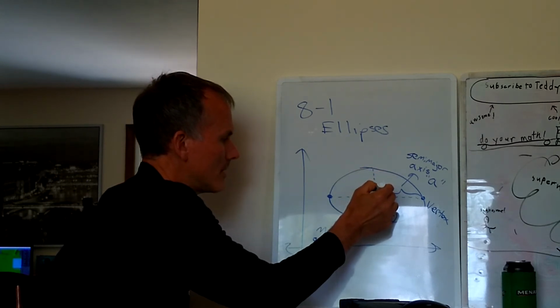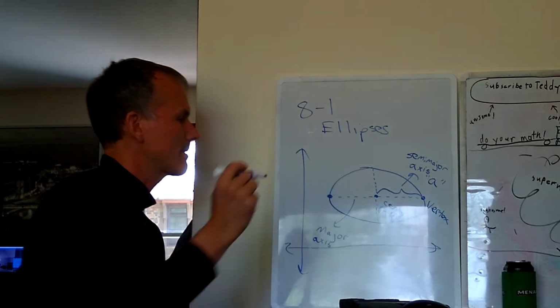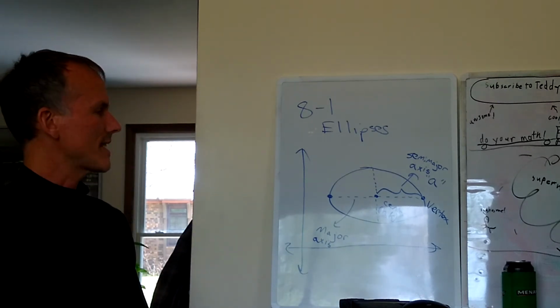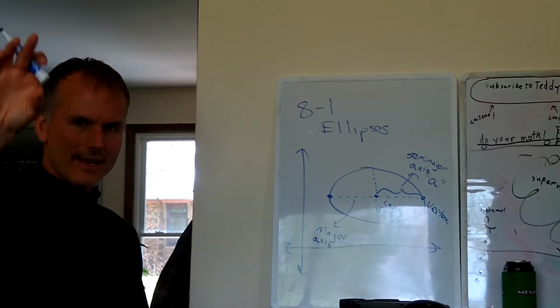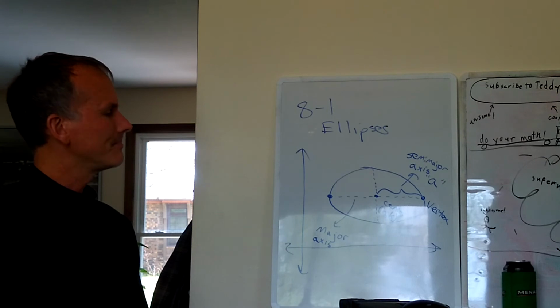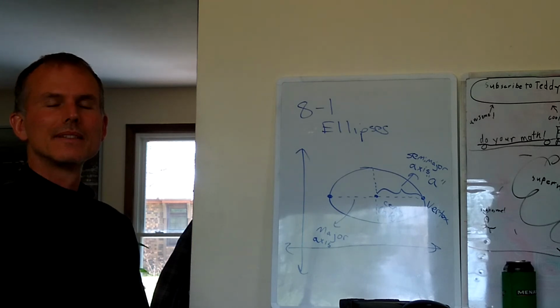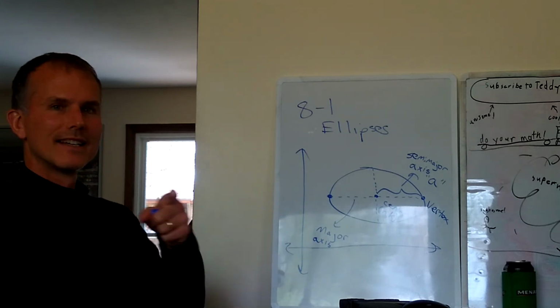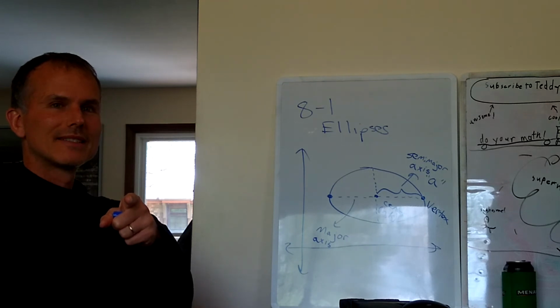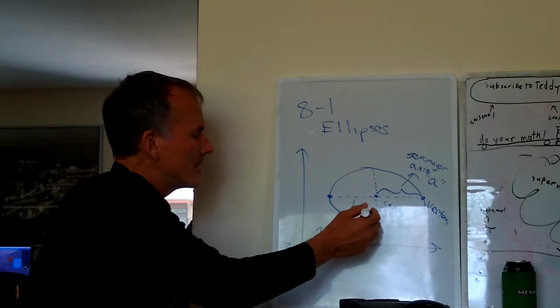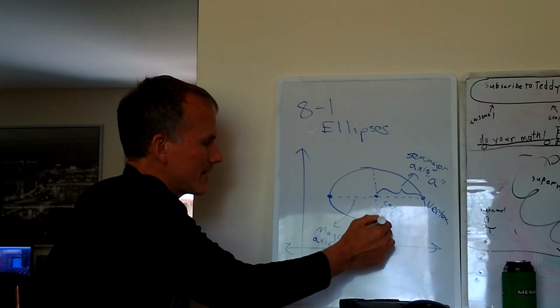Now, let's put a dashed horizontal segment that goes through the center, but this time the short way across the ellipse. Any guesses as to what we call that? Minor axis. Yeah, good use of context there.